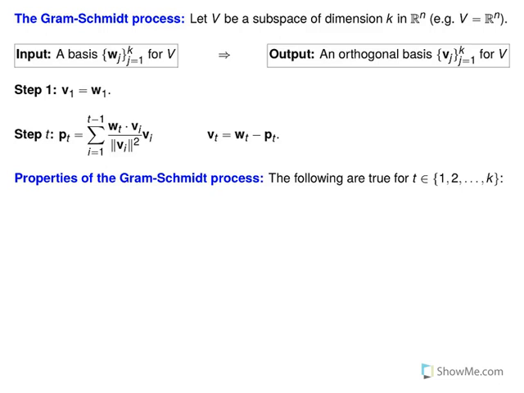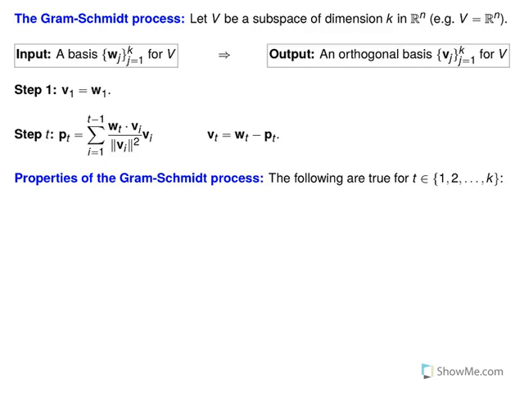Or if you wanted to, you could make the first step look the same if you set P0 to be 0, and then V1 would be W1 minus P0, which is exactly what happens if you take this sum and plug in t equal to 1, because then you get the sum from 1 to 0, which has no terms, it's an empty sum. All right, but let's not try to be cute. So we'll formulate the process like this.